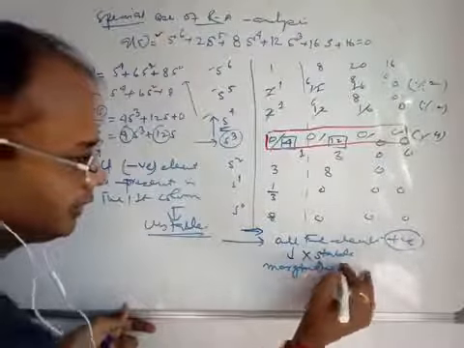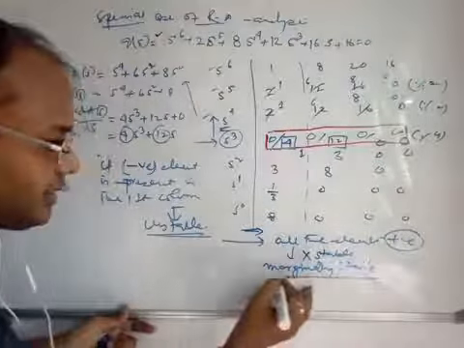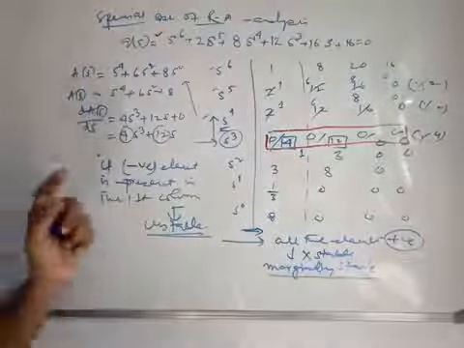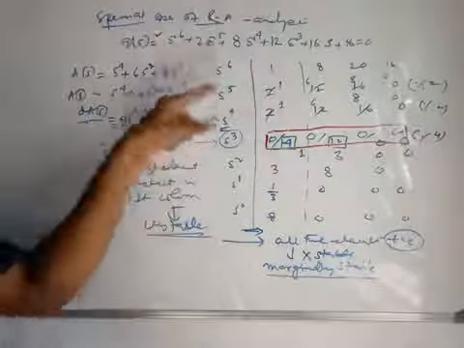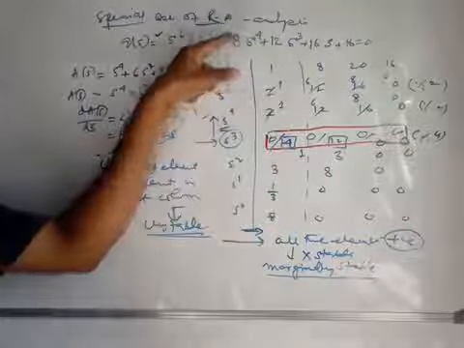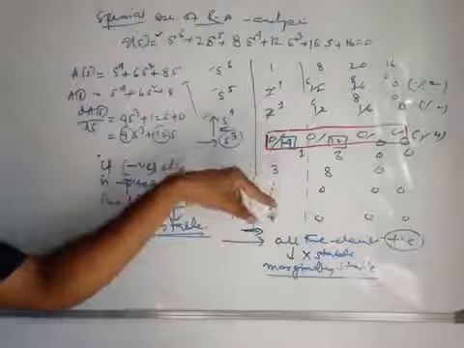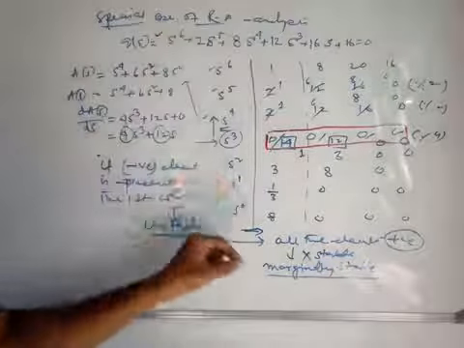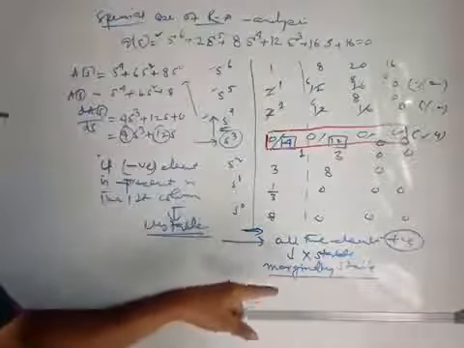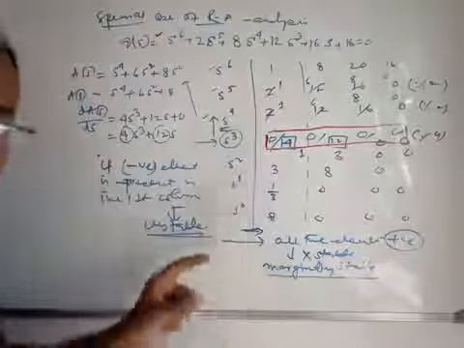So if there exists any row having all elements 0, and all the elements of the first column of the completed Routh array are positive, the system is marginally stable. That is not absolutely stable, that is marginally stable.